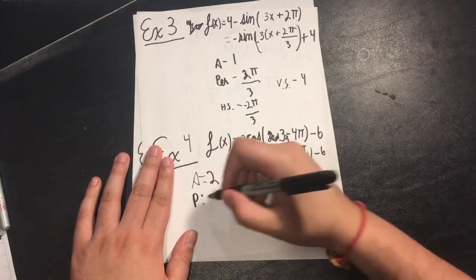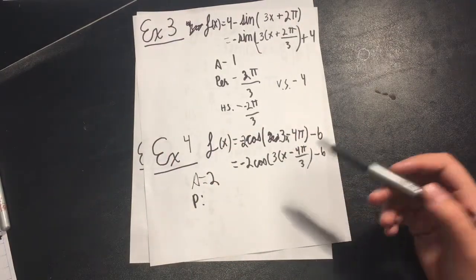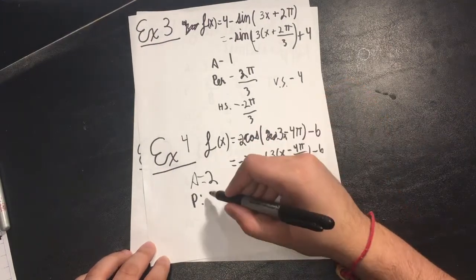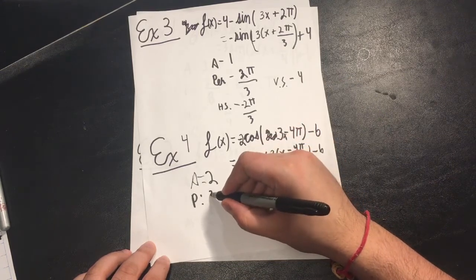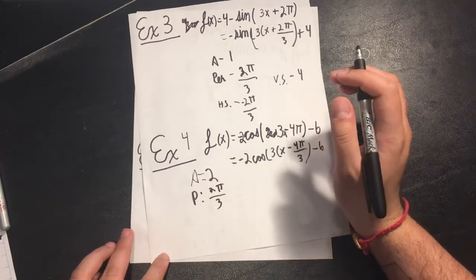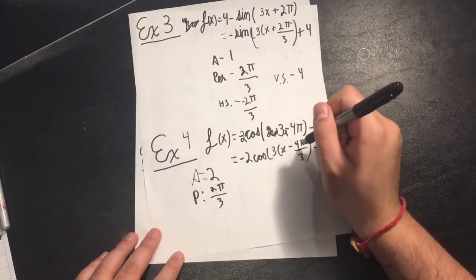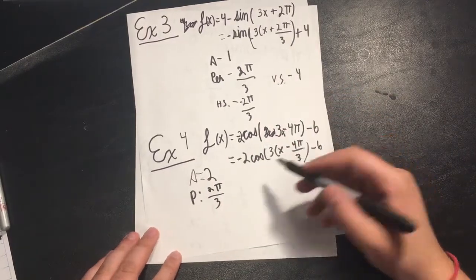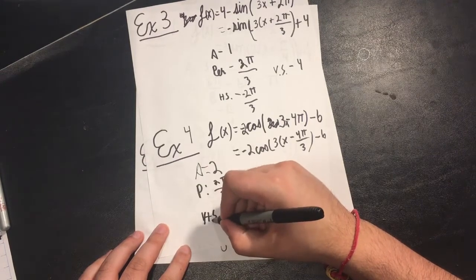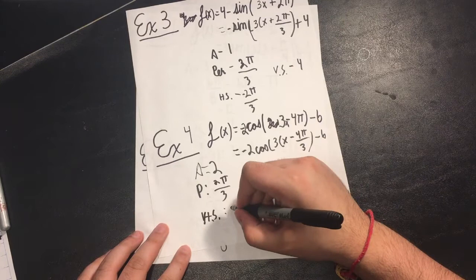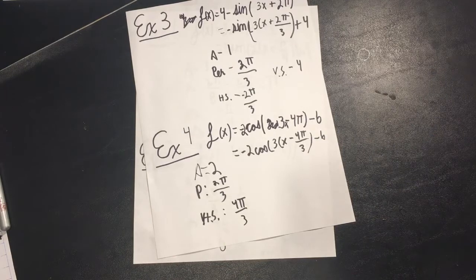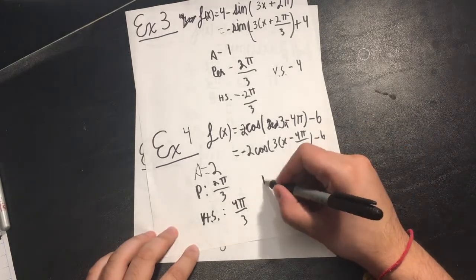Our period is simply 2 pi divided by 3, which gets us 2 pi over 3. Our horizontal shift is determined based off this. It's a negative, so it's actually positive 4 pi over 3.